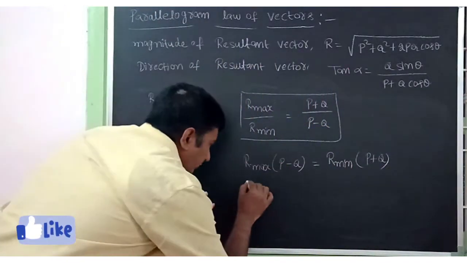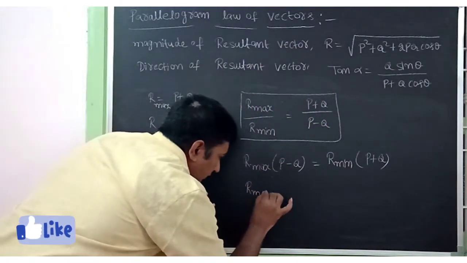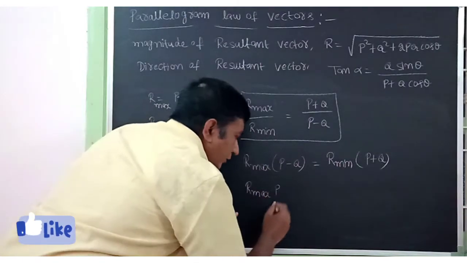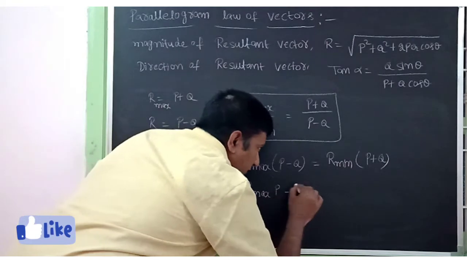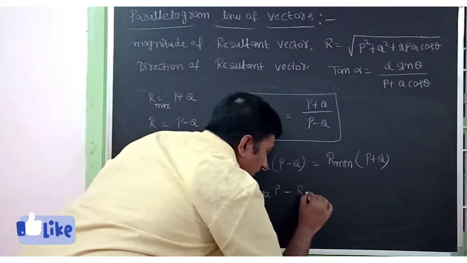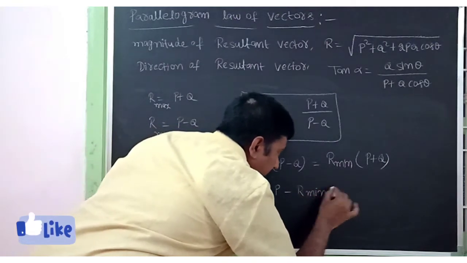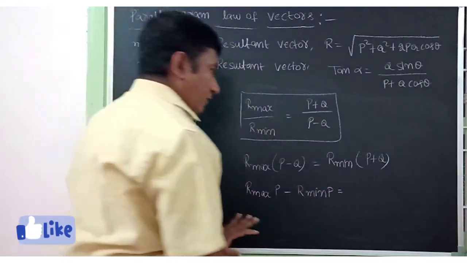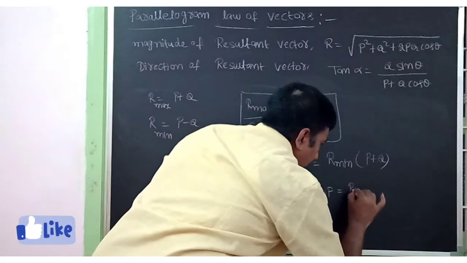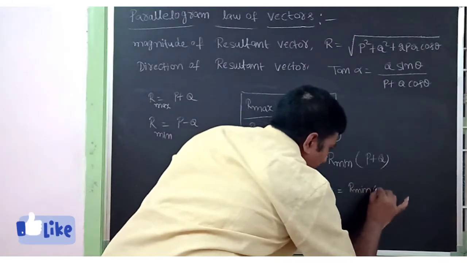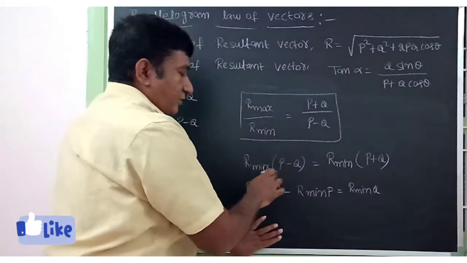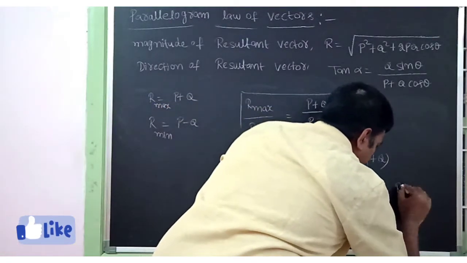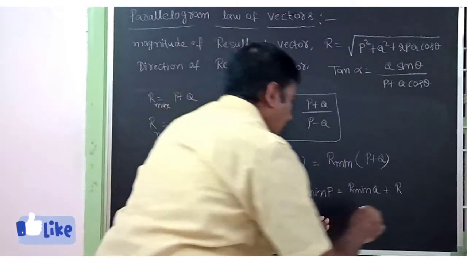By doing this, I get R maximum p minus R minimum p, which is equal to R minimum q plus R maximum q.